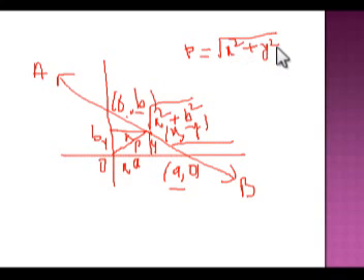Now p is taken, and take the angle made by p as theta. This is the theta angle made by p with the x-axis.